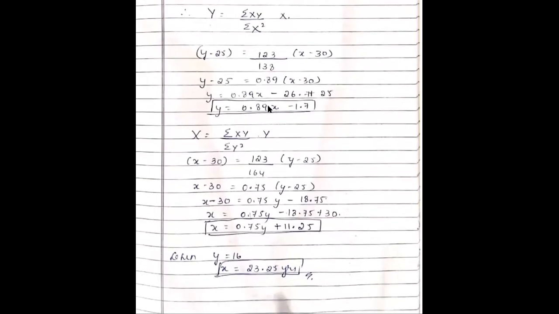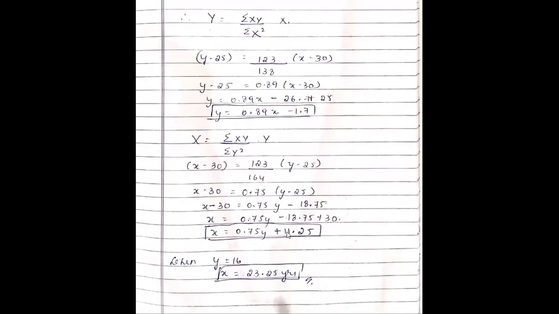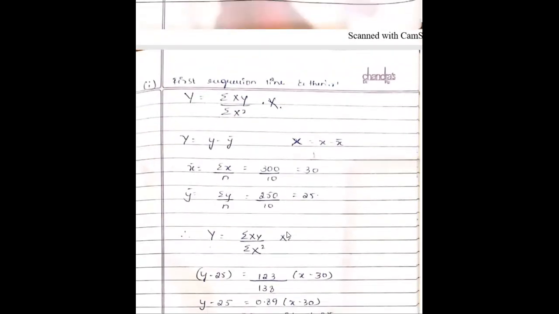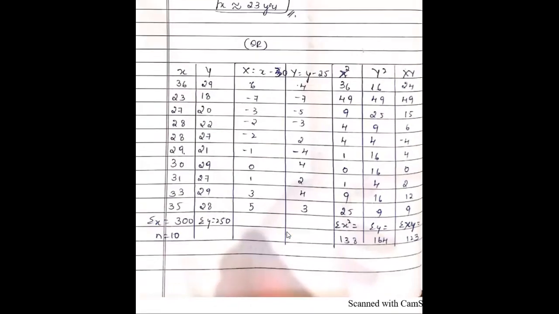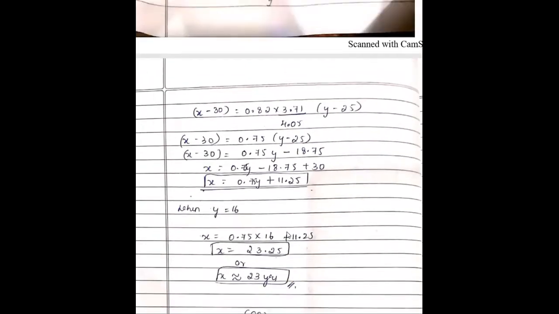You have to just take the coefficient of x, which is 0.89, and coefficient of y, which is 0.75, and multiply it under the square root. So square root of 0.89 into 0.75, and you'll get the same answer which you got in the first method. R is equal to 0.82. So that's how you can find out the line first and then find out the correlation coefficient.